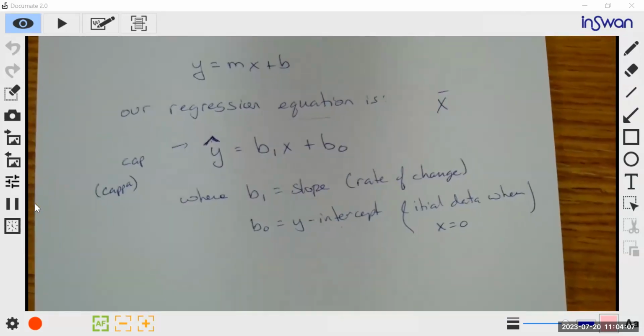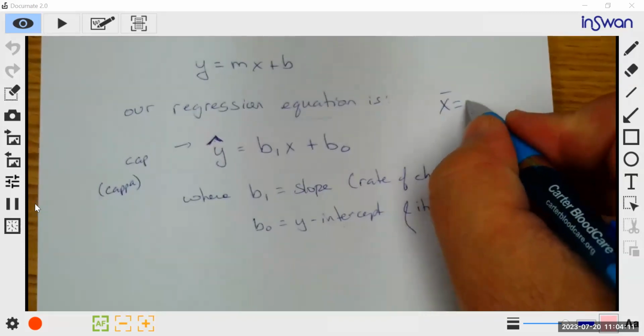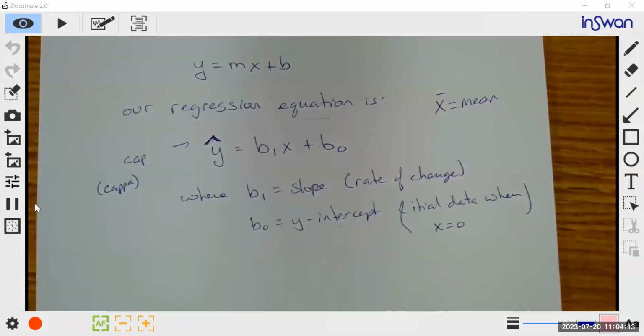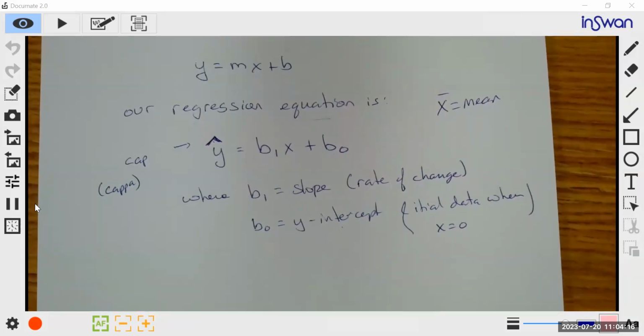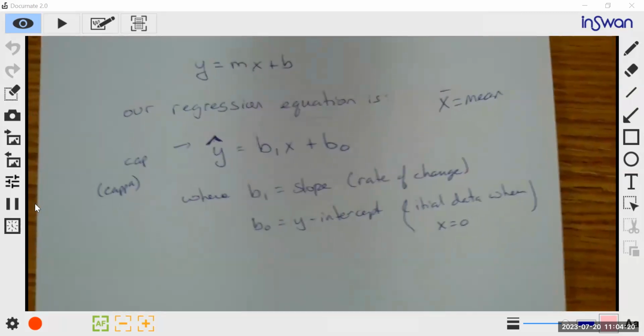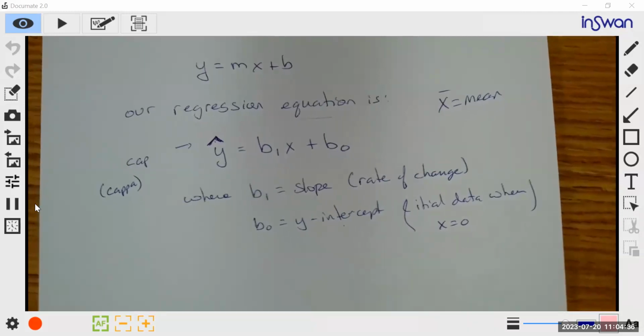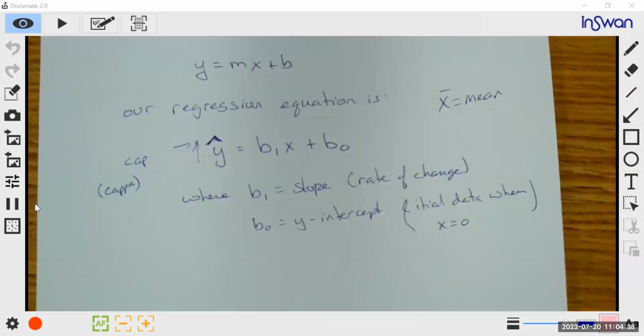X bar: no matter what country you go to, what textbook you read, if you see X bar, you know that means the mean or the average. We'll learn some more symbols next week. Oh, yeah, this is the vertical axis.